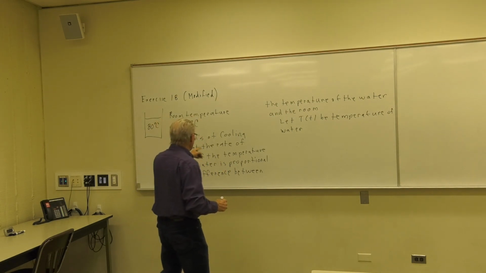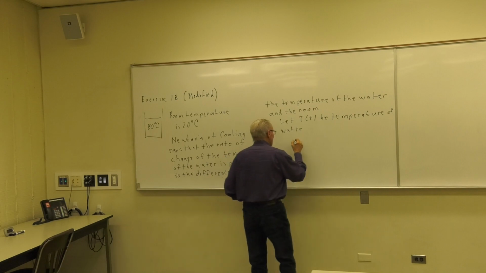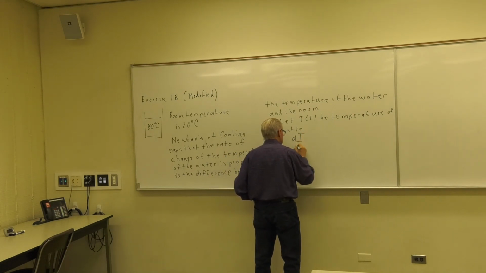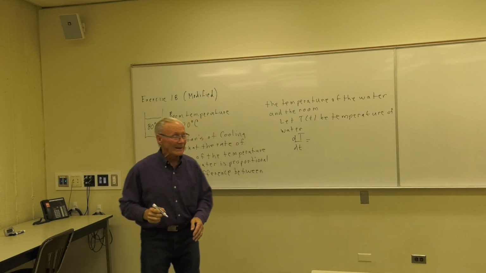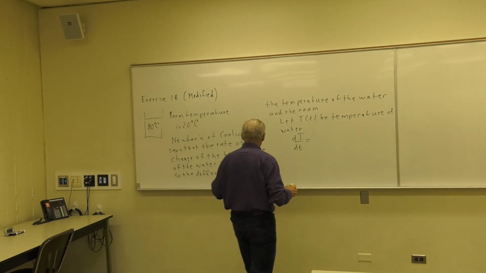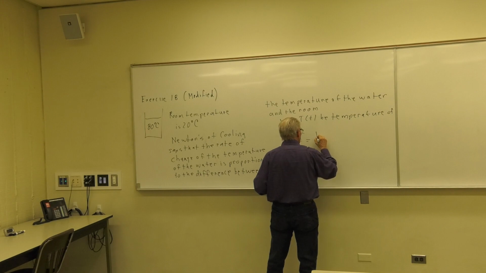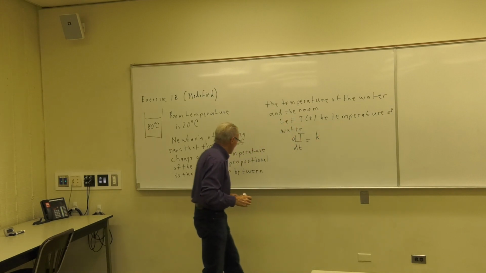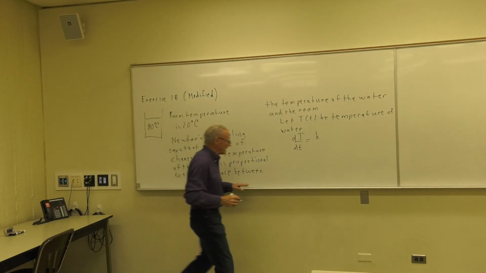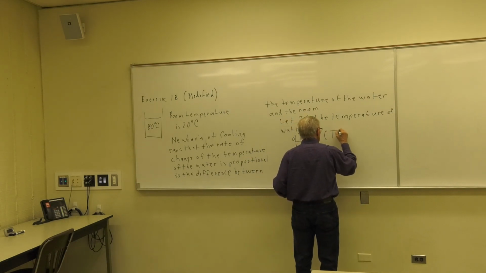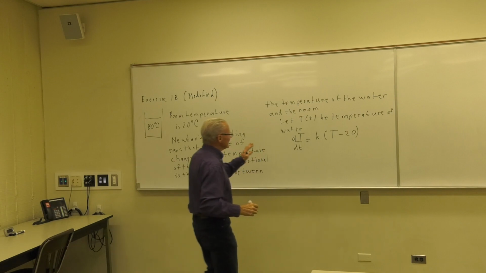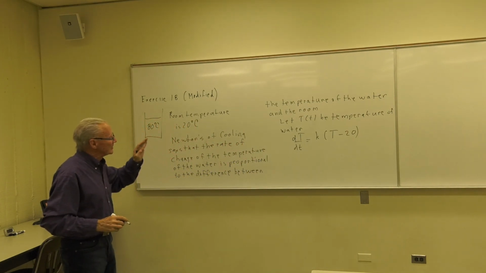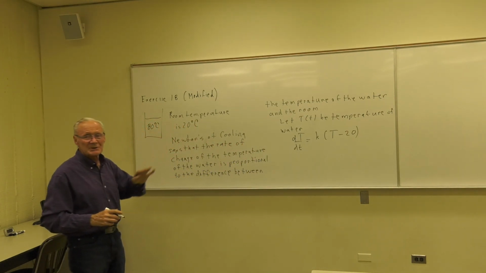It says that the rate of change of the temperature, that's dT/dt, the rate of change of the temperature of the water, is proportional to, so you put in a constant of proportionality k, the difference between the temperature of the coffee and the temperature of the room. So there's our mathematical interpretation of what that law said.